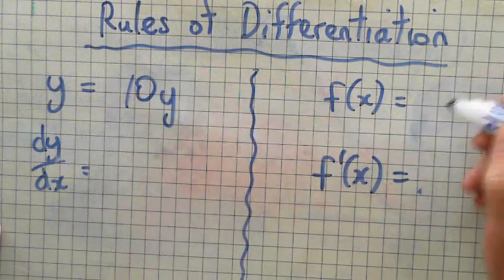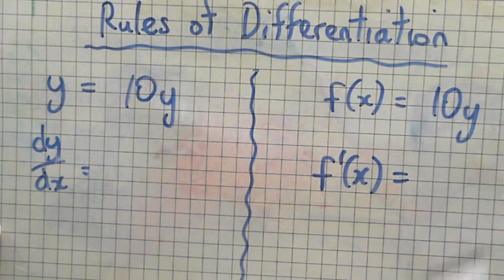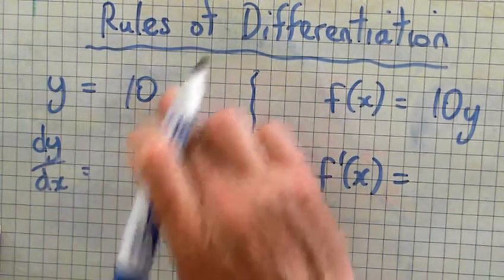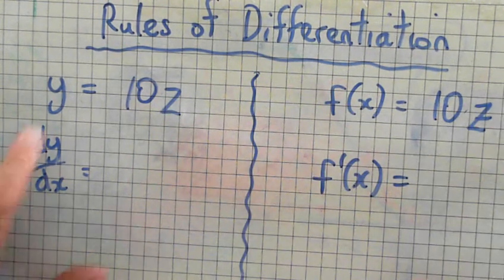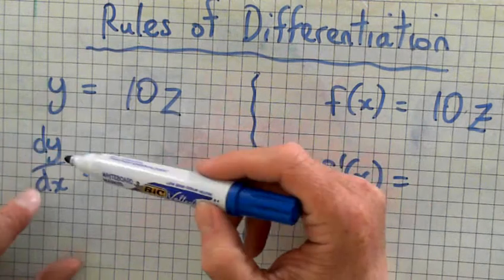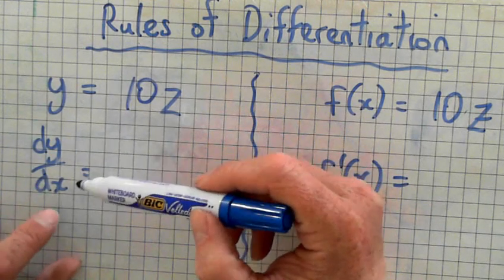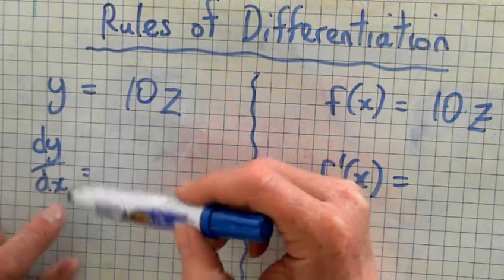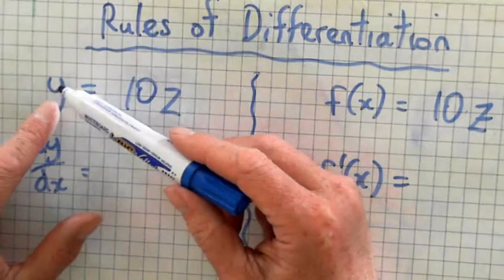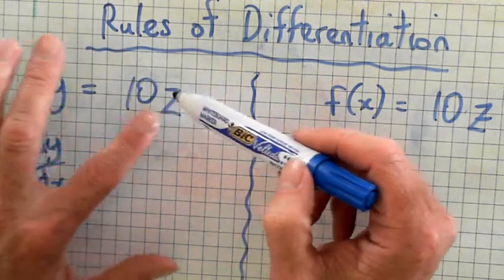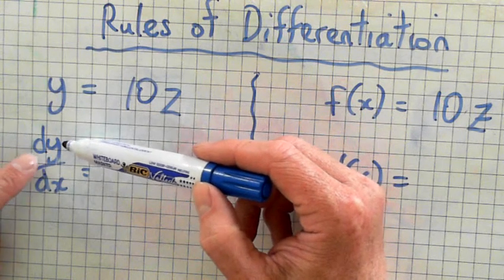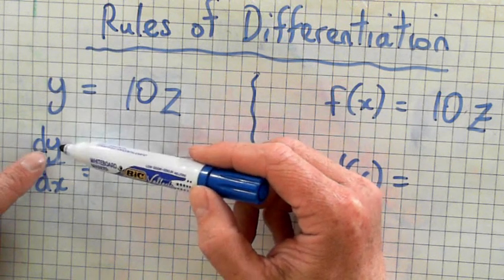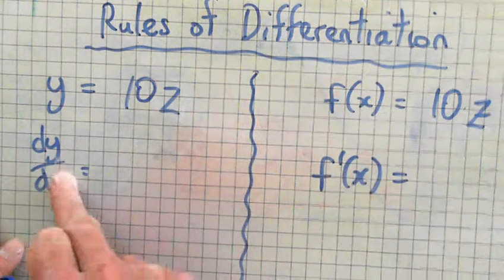So you can use different letters. Let's say 10z. If you look at the left-hand side, the notation, the letters used are important and in the correct order. It's y first, dy, followed by not an x, a z.